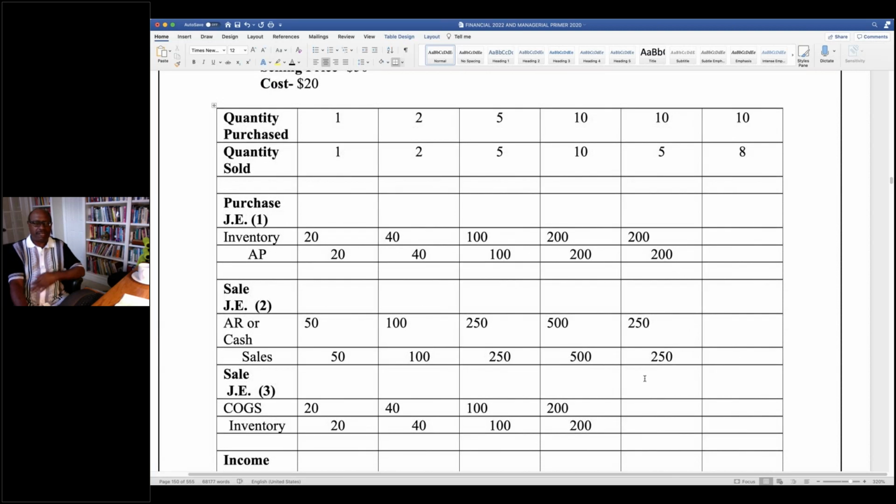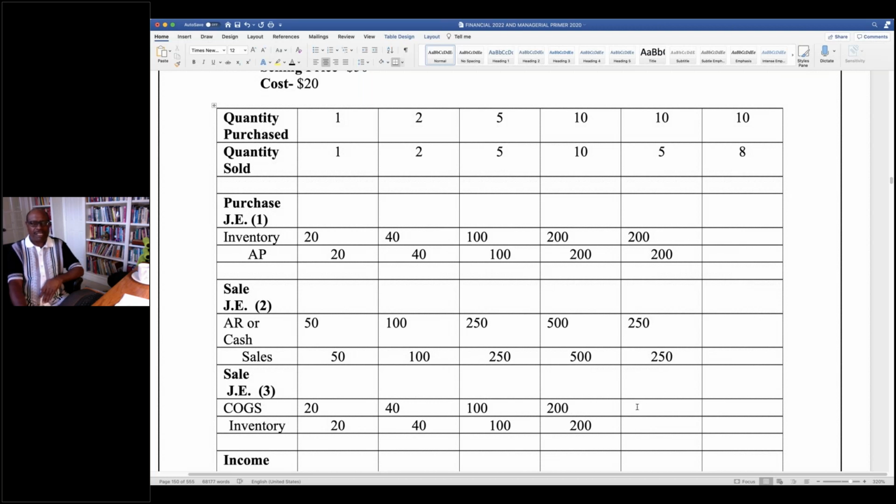How many did you sell? 5 pairs at 50 each is 250. I thought it was 100 at first, but you said 50 by 5.